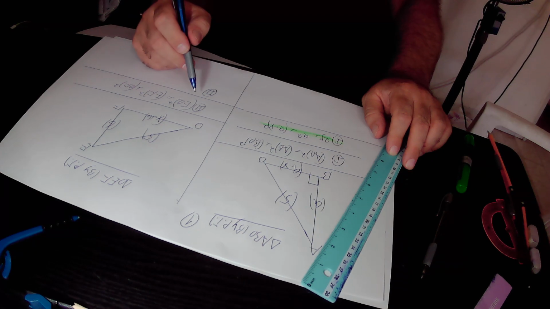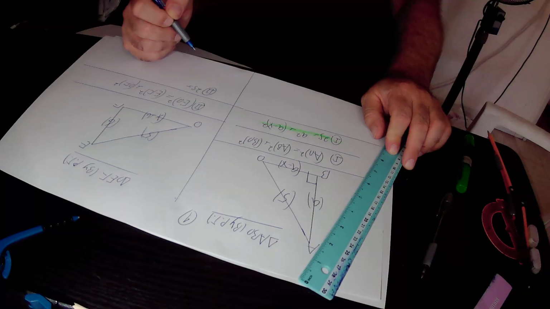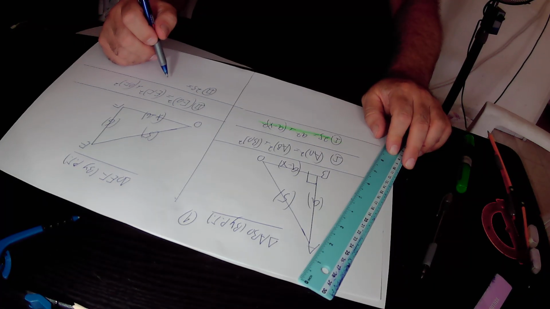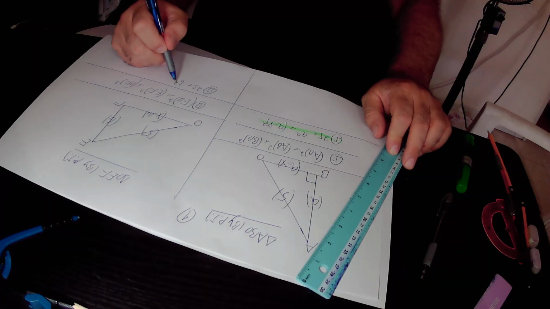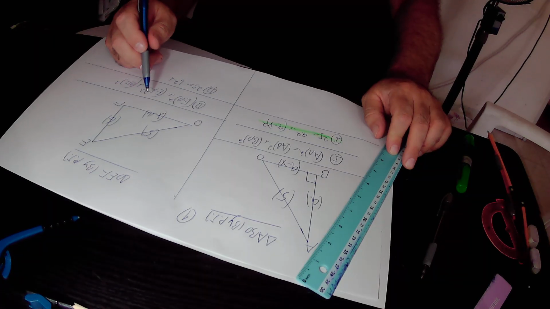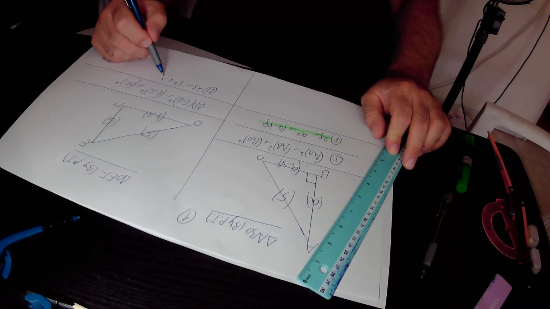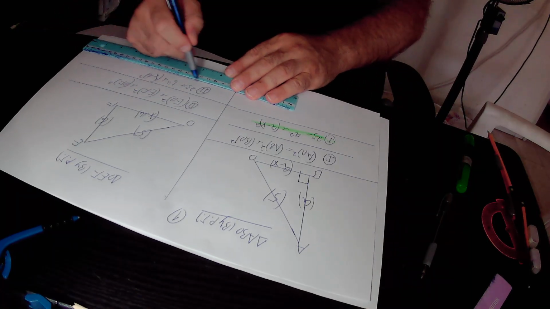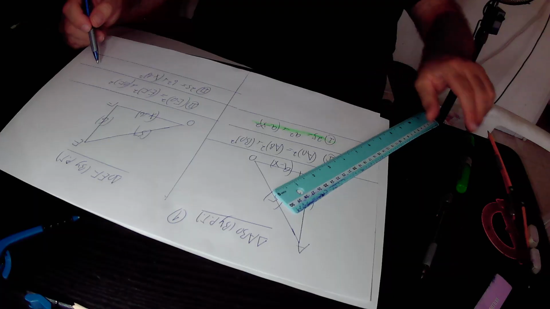EO is 5, therefore EO squared is 5 squared, that is 25, and it equals EF squared. EF is B, therefore EF squared is B squared, plus OF squared. OF equals X plus B, therefore OF squared equals (X plus B) squared. So in total, according to equation 2, we found that 25 equals B squared plus (X plus B) squared.